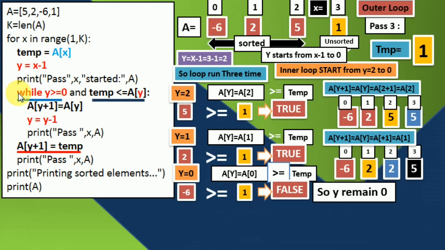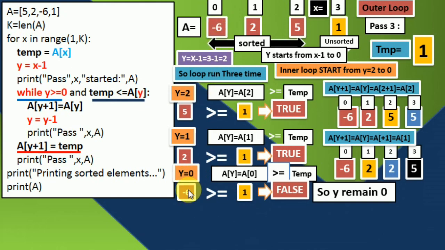Now while y is greater than or equal to 0, and there is an and written there. The work of the and is that if both conditions are true, then only these lines are going to be executed. So is y greater than or equal to 0? Yes, the condition is correct. That means the first one is true. And is the value inside temp less than or equal to a of y? What is the value of a of y? Minus 6.